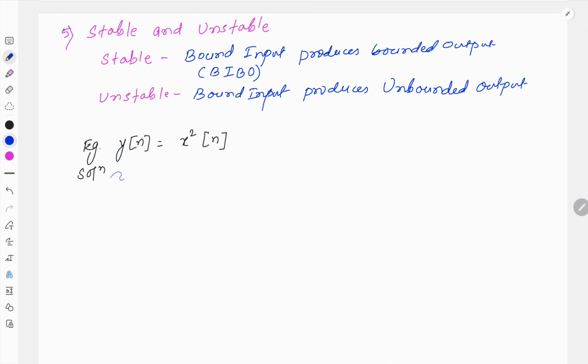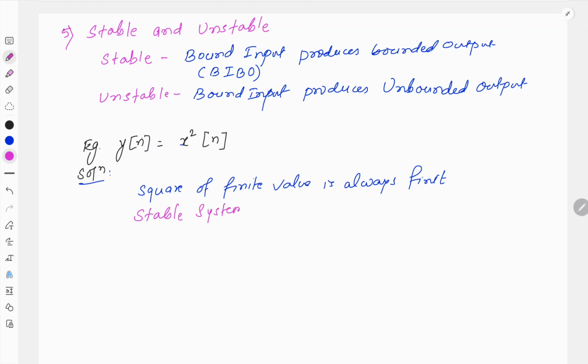Therefore, in this particular case, if we apply a finite input to a system, that is x of n as a finite value, its square will be a finite value. Here the square of a finite value is always finite. Therefore, the given system is said to be a stable system. So if we apply x as finite, y will be finite, hence it is called a stable system.